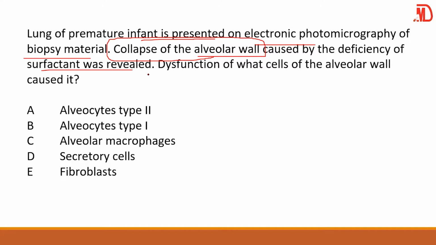So this is not a problem with respiration, but rather a problem with the wall itself. And so over here, we shall go for type 2 alveolar cells, or type 2 alveolocytes. So your answer should be A, type 2. All right. So your answer is A.